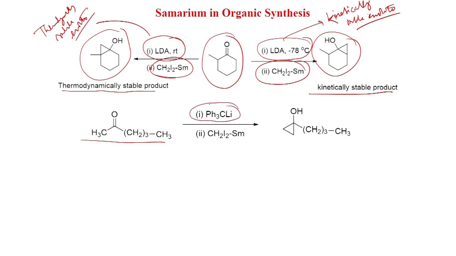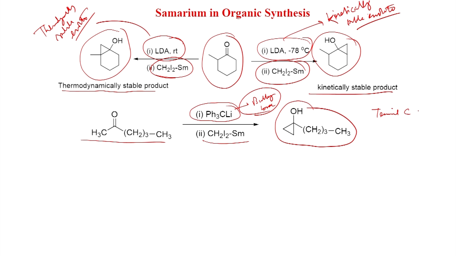and with Ph3CLi, this is a bulky base also, and then you put this CH2I2 samarium, you get this. So, what does it mean? The terminal carbon has reacted, that is the less substituted carbon has reacted. So, here you can see this is methyl and this is butyl.